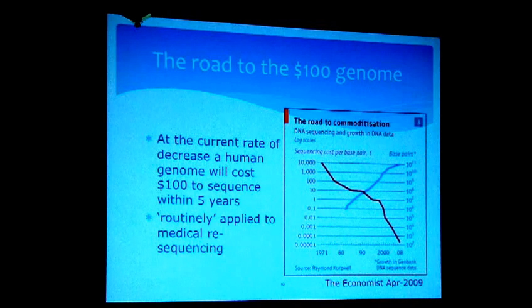So if you could sequence your non-model birds or rodents out in the wild for $100 each, then one can imagine doing a study design where you just take 1,000 individuals and you sequence all of those individuals.